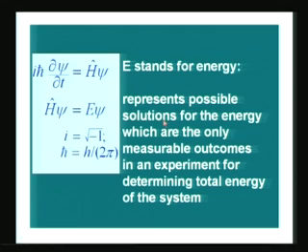E represents possible solutions for the energy. What does that mean? It means that when you make a measurement for the energy of the system, you will get some experimental values. What the Schrodinger equation tells you is that the theory predicts certain values as the only possible values in the experimental measurement.